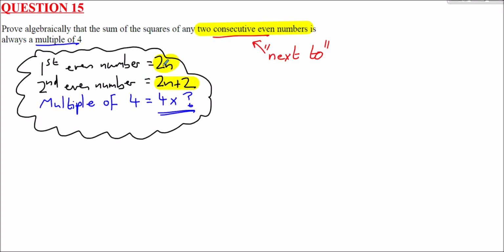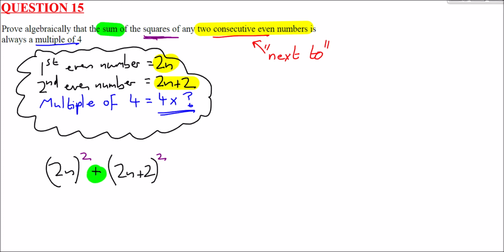So the sum of the squares, so 2n squared, because it asks for the squares, so 2n squared plus the next one, 2n plus 2 squared, and the sum because we're adding together.